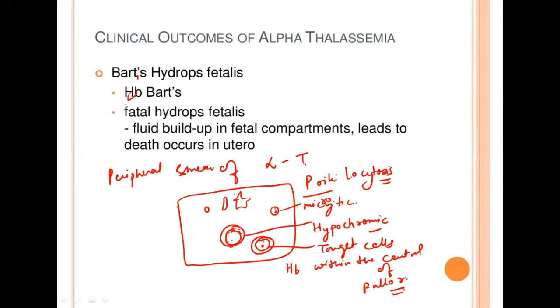Now, in case of HbH, which is due to alpha 3, there is a tetramer of beta chains, right?